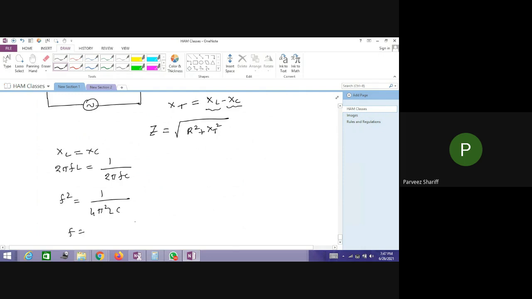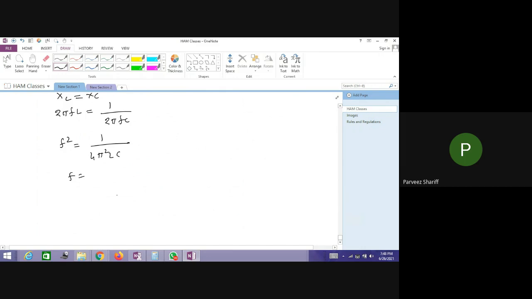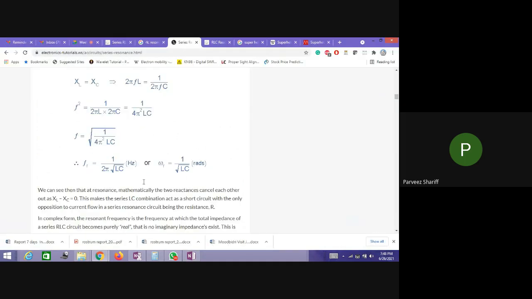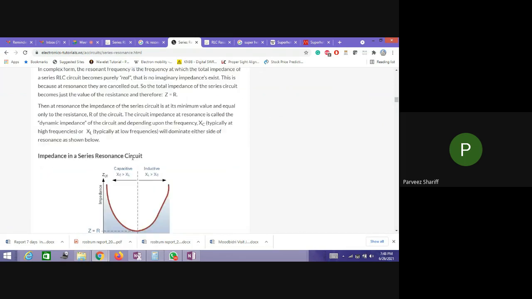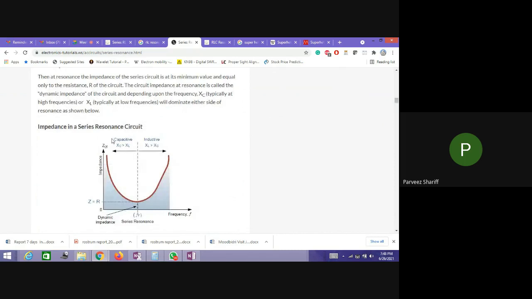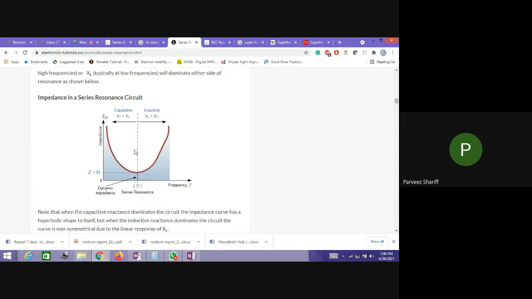Then F, let us call this F naught, is equal to 1 by 2 pi times the square root of LC. So this is the equation. Using this equation, based on the value of the inductor and the capacitor, we can find out this resonance frequency.